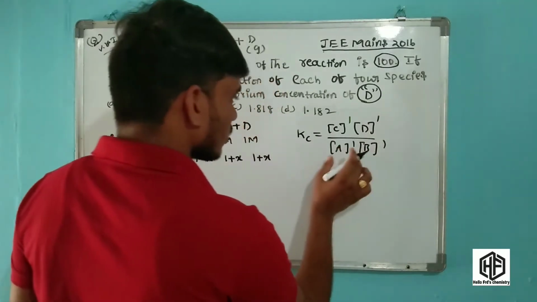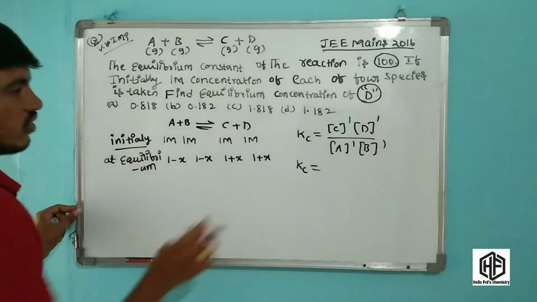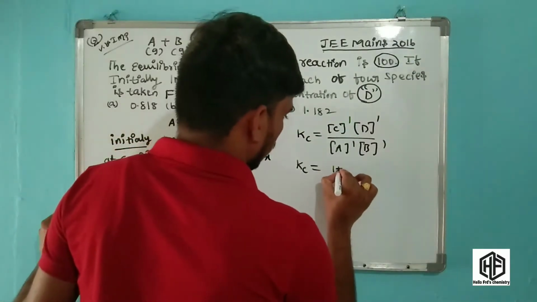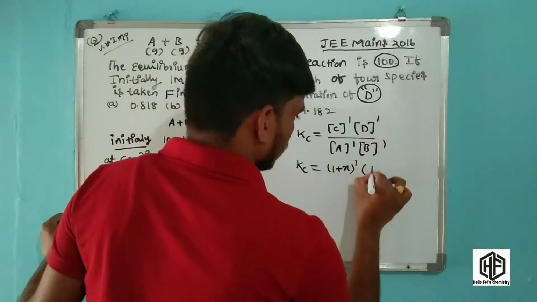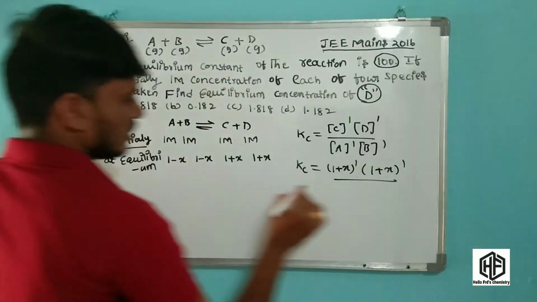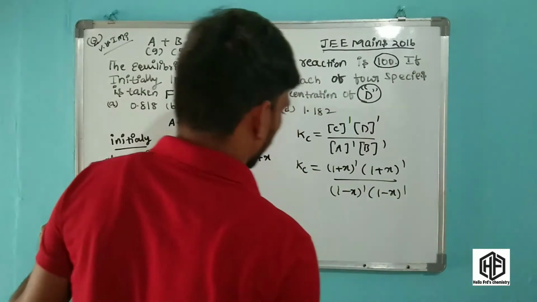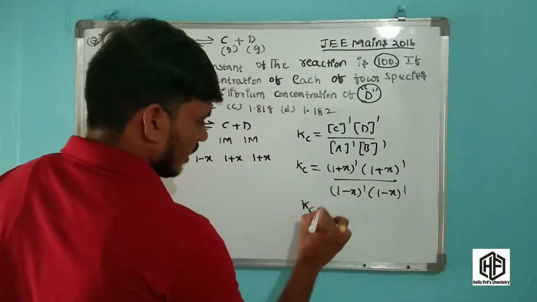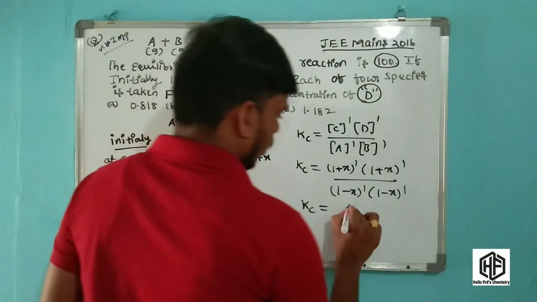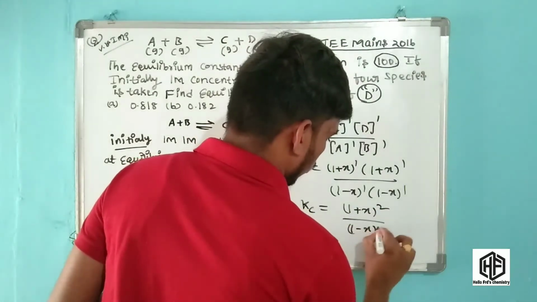Now Kc equals the concentration of C at equilibrium, 1 plus x whole power 1, and 1 plus x whole power 1, by concentration of A, 1 minus x whole power 1, and 1 minus x whole power 1. This is clear, friends. Now Kc equals 1 plus x into 1 plus x, that is 1 plus x whole square, by 1 minus x whole square.